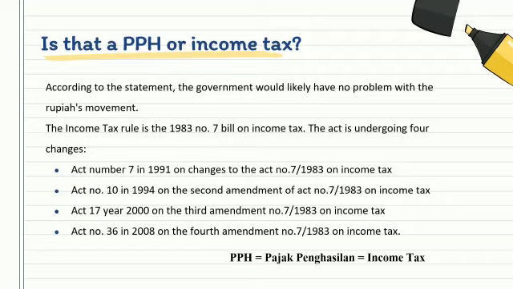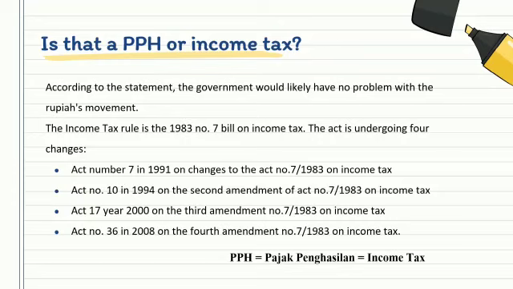The third, Act 17/2000 on the third amendment of Act number 7/1983. The fourth, Act number 36 in 2008 on the fourth amendment of Act number 7/1983 on income tax.